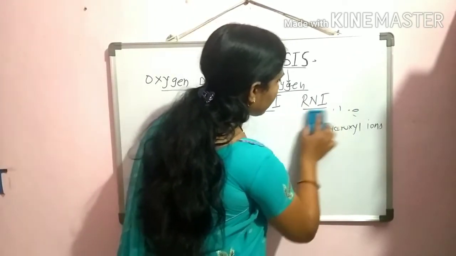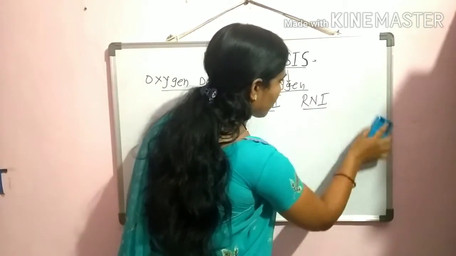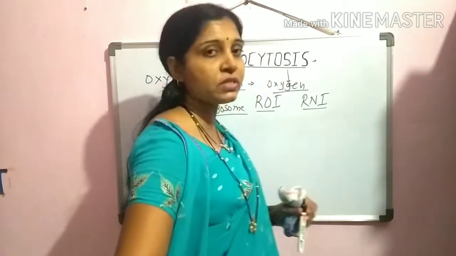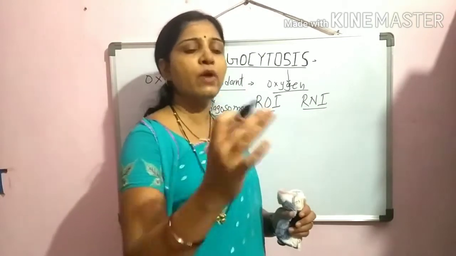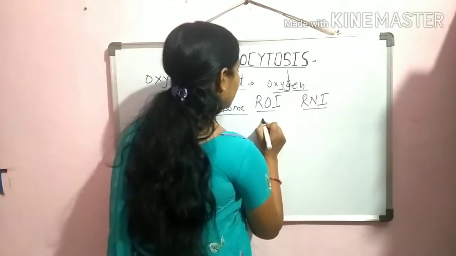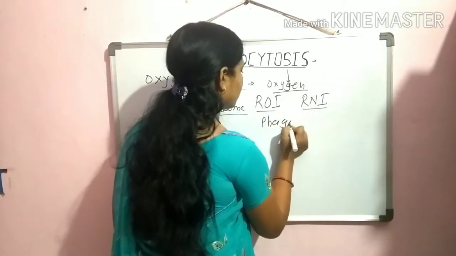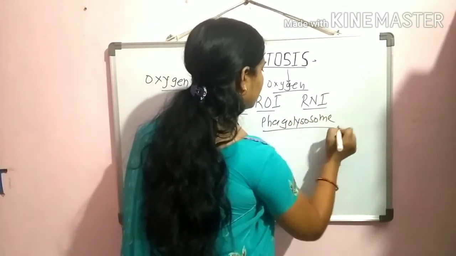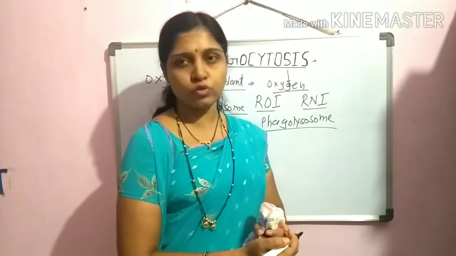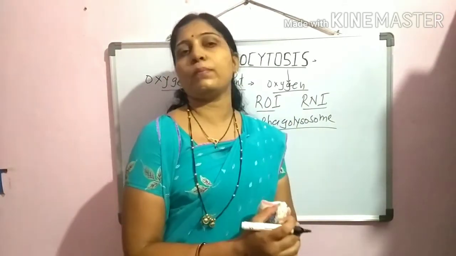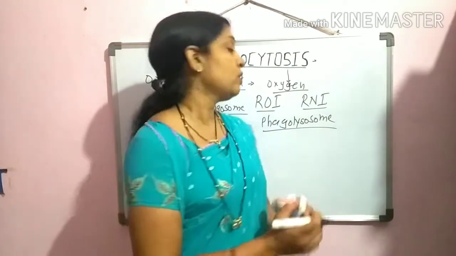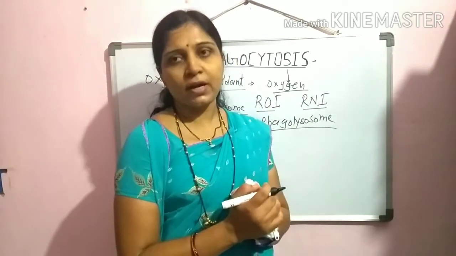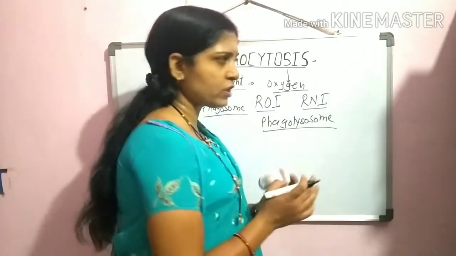Whenever the phagosome is transferred to the interior of the cell, it fuses with the lysosome, that is, the formation of the phagolysosome. Whenever the phagolysosome is formed, the myeloperoxidase enzyme is activated.